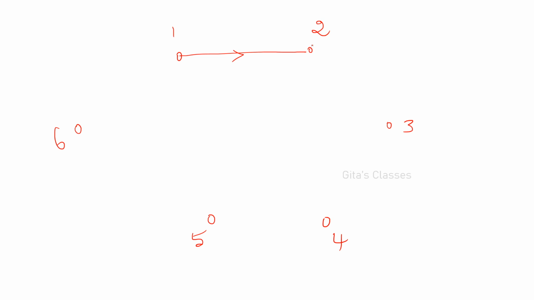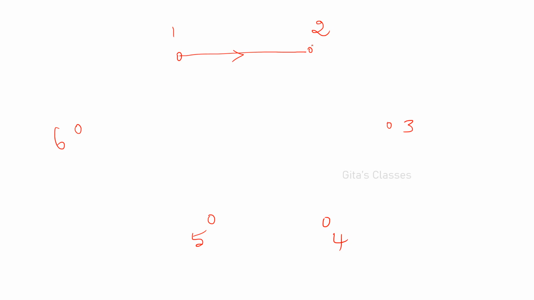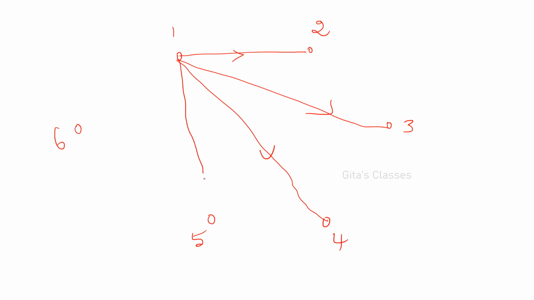Then A wins. A comma B is an edge if team A beats team B. Okay. 1 and 2 they have played and 1 has won. Okay. So 1 with all the teams. 1 with 3, 1 is the winner, and 1 with 4 also 1 is the winner. 1 with 5 also 1 is the winner, and 1 with 6 also 1 is the winner.